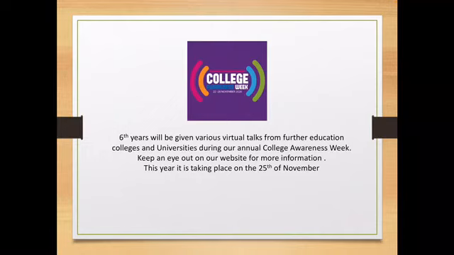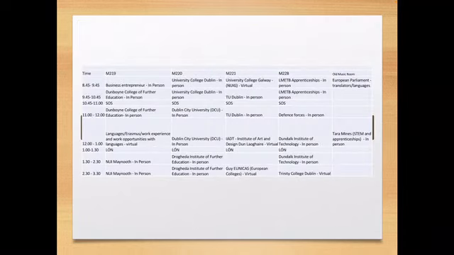So this year we have College Awareness Week, and 6th years will be given a series of virtual talks from further education colleges and universities. So this will be up on our website, but this year it's going to take place on the 25th of November. So we have 6 talks for everybody to choose from, and this is our current schedule for the day. We have everything from UCD, DCU, Trinity, University College Galway. We have the European Parliament to come in and talk about languages. We have somebody else talking about languages as well.